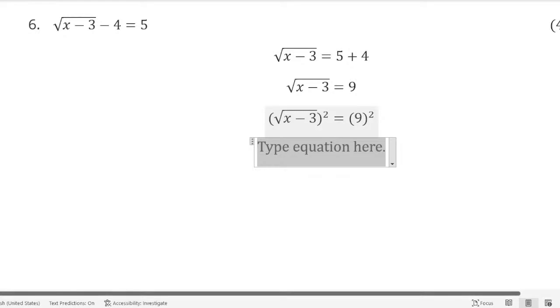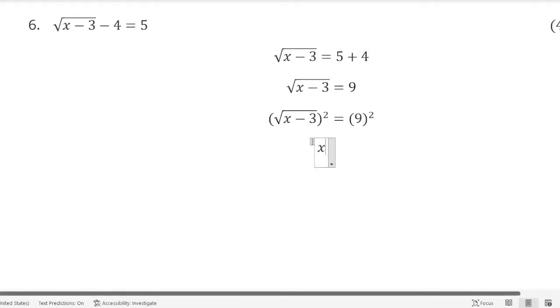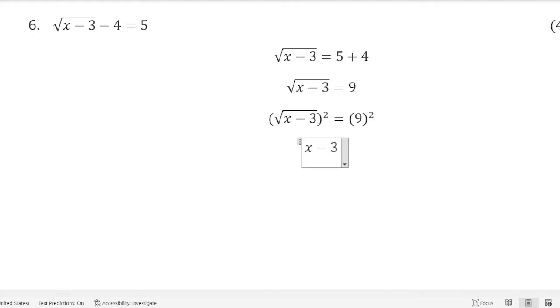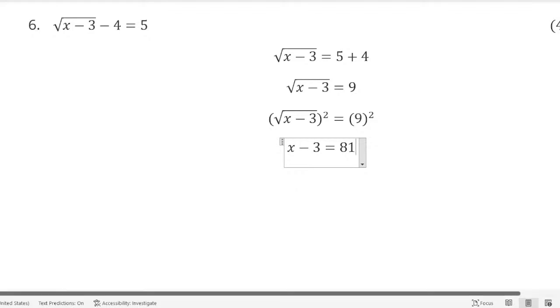When you are squaring a square root, you are only removing the square root, everything else does not change. So here we'll be left with x minus 3 is equal to 81. Then remember, this is a linear equation.